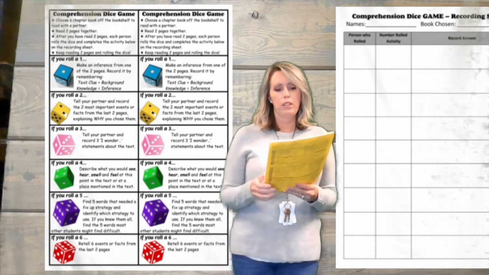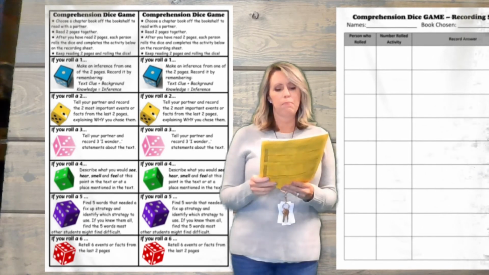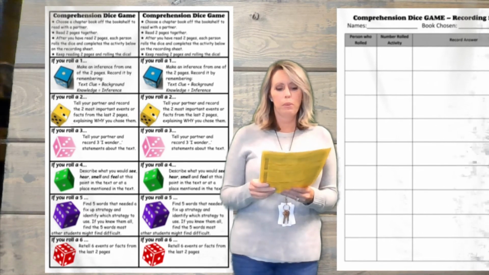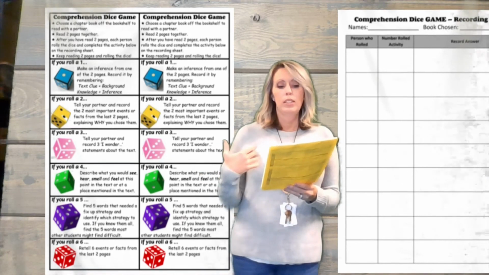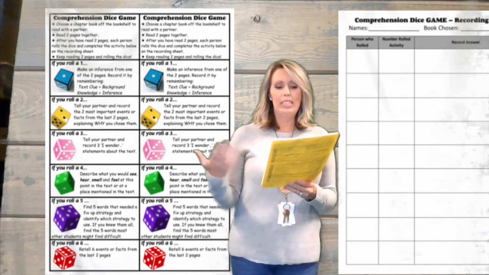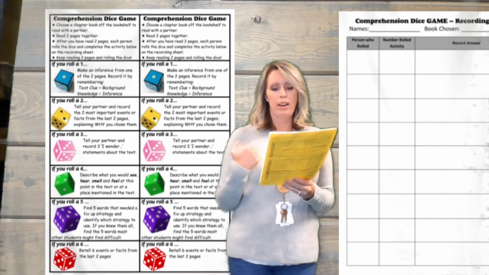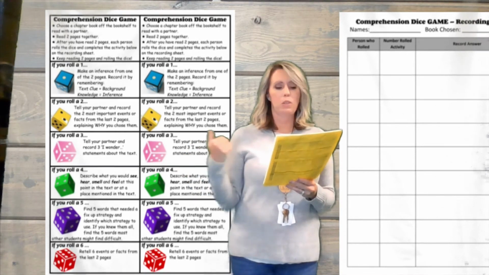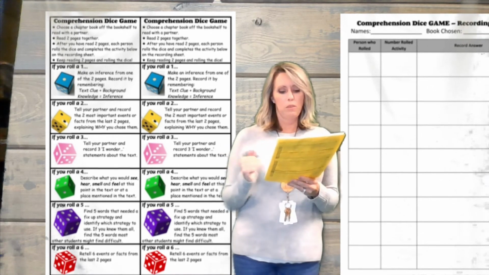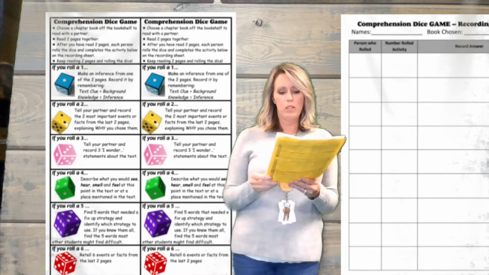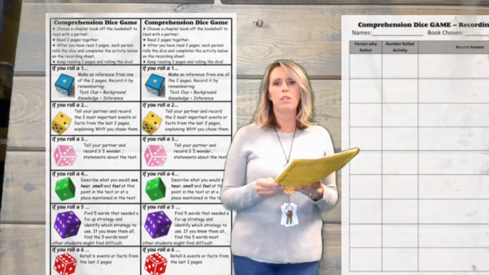So, for example, if you roll a 3, you would tell your partner, I wonder, and then they would give you 3 examples from the text, I wonder, as I'm reading this page. If you roll a 6, you would retell 6 events or facts from the last 2 pages of the book you were reading. So this is just a way that you can make it fun, and you can work on it as a family.